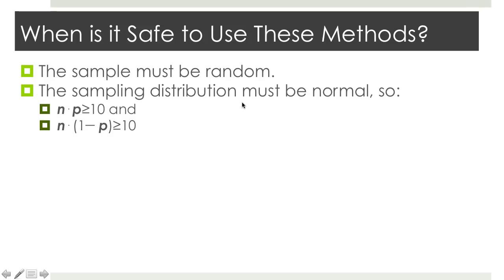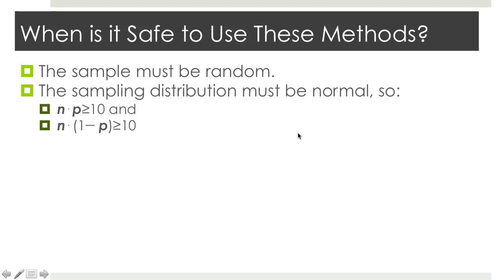So just like before, we still need to ask, when is it safe to use these methods? Just like we had with the population means, and when we're computing confidence intervals for population means, the sample that we take for a proportion still needs to be random. Also, because we're assuming that we're using z-star values, we are then assuming that our sampling distribution for sample proportions is normal.